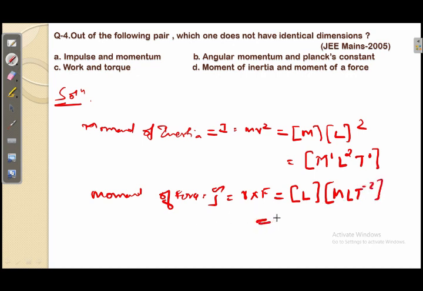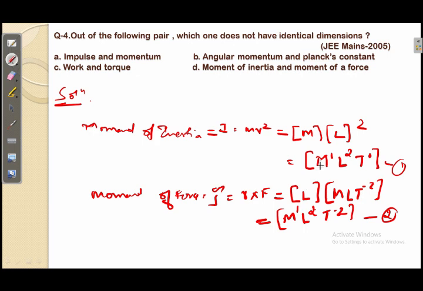Simplify this: only one M is there, L raised to 1 and L raised to 1, so that is L square, T raised to minus 2. Take it as equation number 1 and equation number 2. If you compare these two dimensions, both are different.